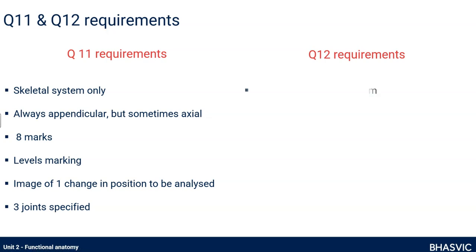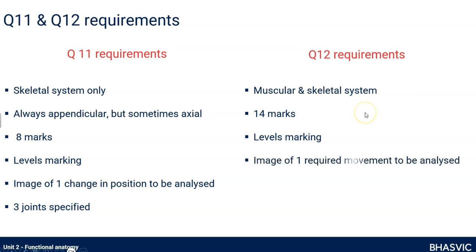So that's question 11. Question 12 then is both muscular and skeletal system to earn you the more marks, remember. It's 14 marks to account for that. It also is levels marked, so it's not well done, you've written a correct thing, tick, you get a mark, it's levels marked.